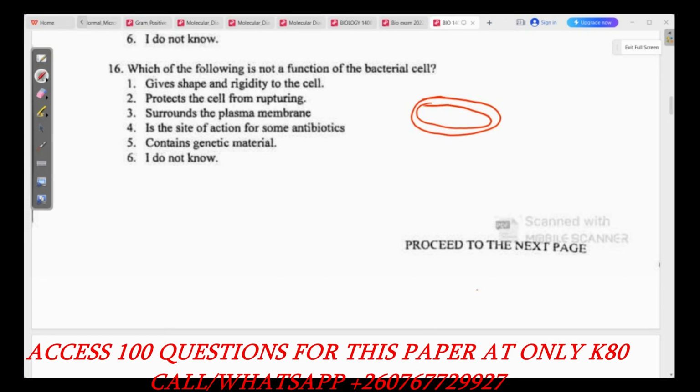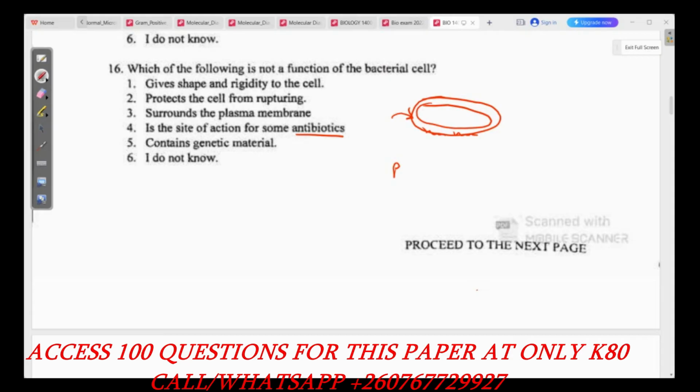It is the site of action for some antibiotics. Antibiotics are drugs, an example is penicillin. Penicillin is going to interfere with the cell wall and degrade it. When the cell wall is degraded, the bacteria cannot survive, it will die, and that is how some antibiotics work. So it is true.